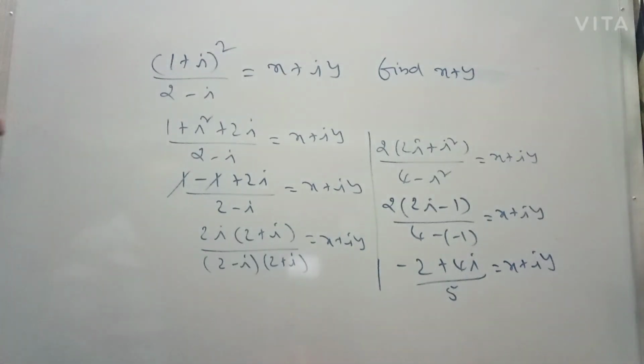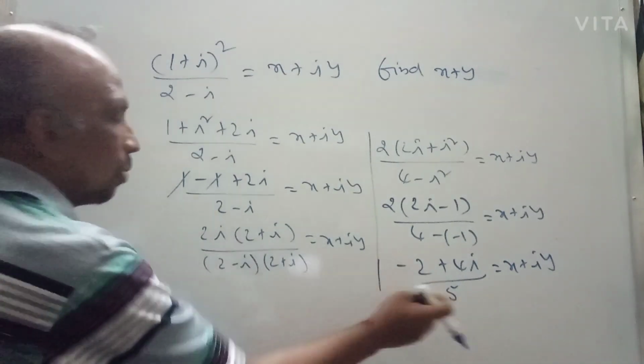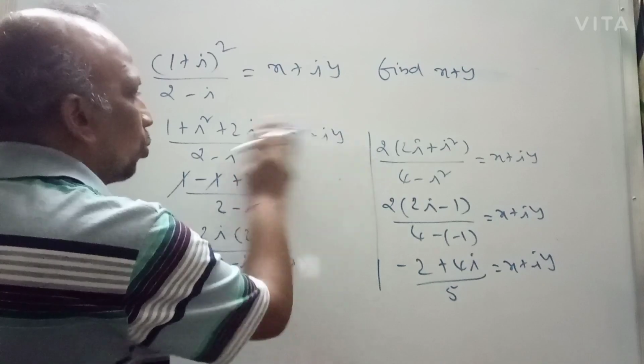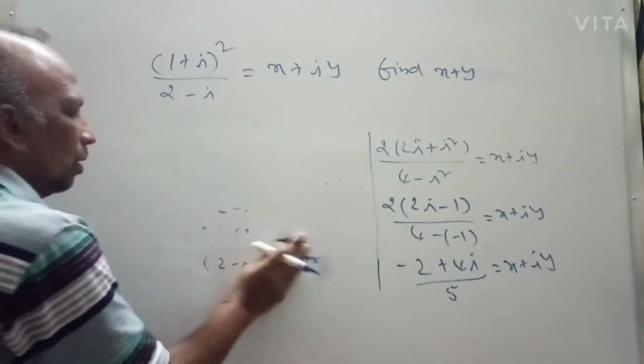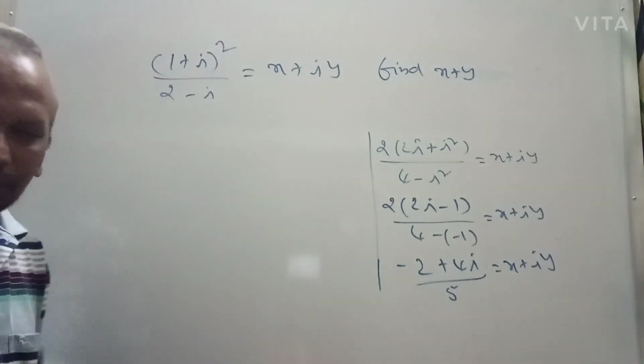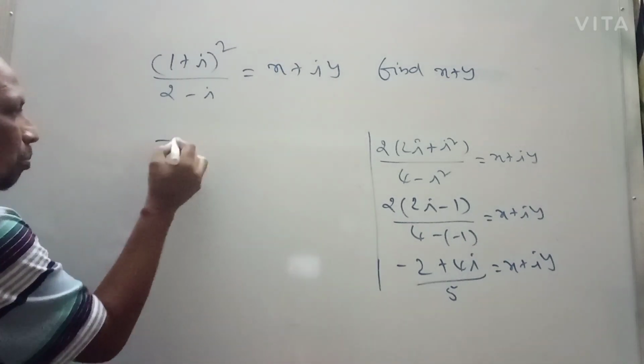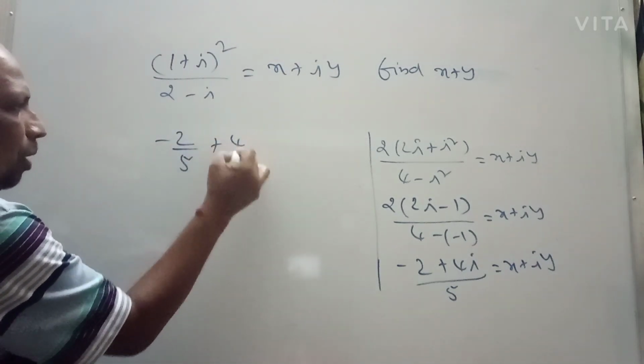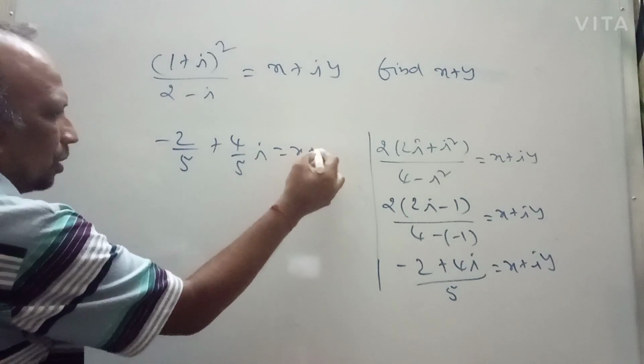Now I should split that. After finding this, you can split minus 2 by 5 plus 4 by 5 into i, because we should express in the form of x plus iy. This you can write minus 2 by 5 plus 4 by 5 i equal to x plus iy.